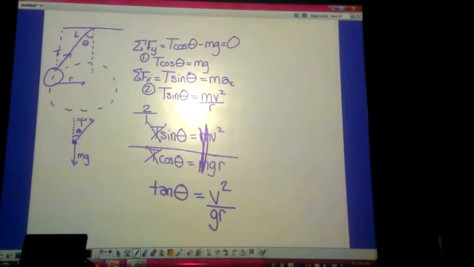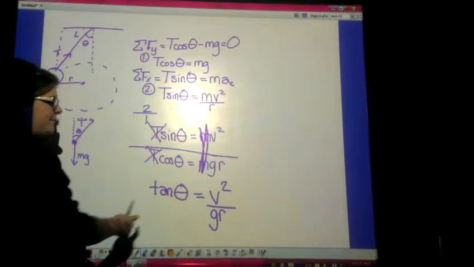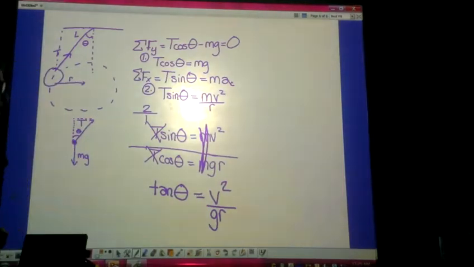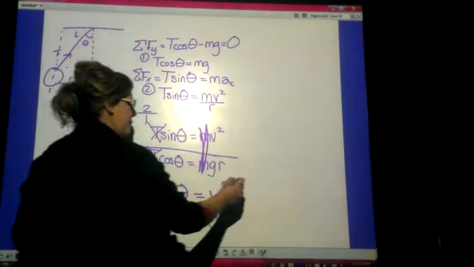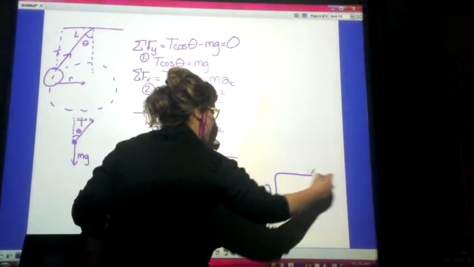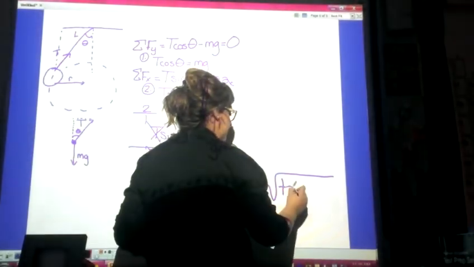So this is a much simpler way that I can solve for the speed, because that's my goal. All we're doing right now is trying to derive that expression for v. If I rearrange this just for v, I would end up getting v is equal to the square root of tan theta times g times r.